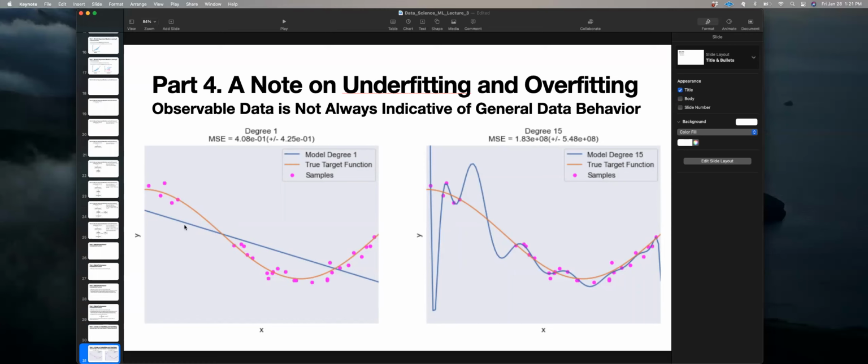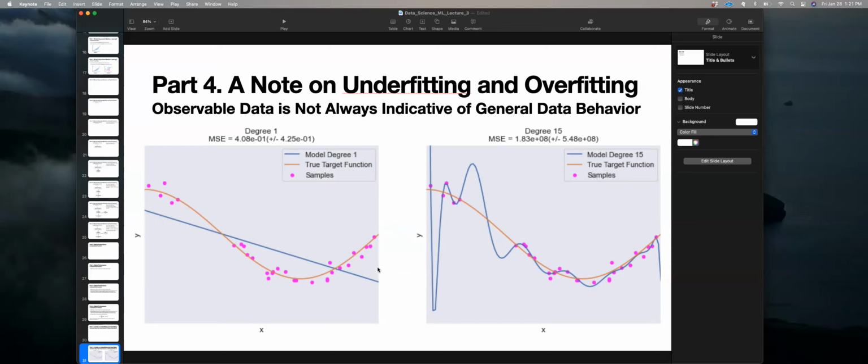In these pictures, we have sample data, shown here in magenta, scattered throughout. And in orange, we have a hypothetical true target function for those samples. Now, the model on the left-hand side is a linear regression model, which we'll learn what that is next time.